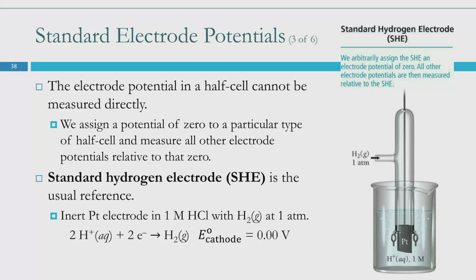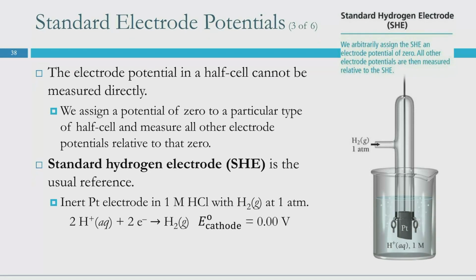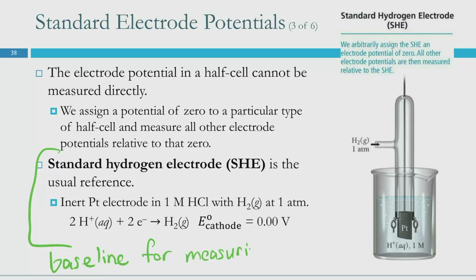So we have to set a baseline. And our baseline is the standard hydrogen electrode. So this is our baseline for measuring cell potential.